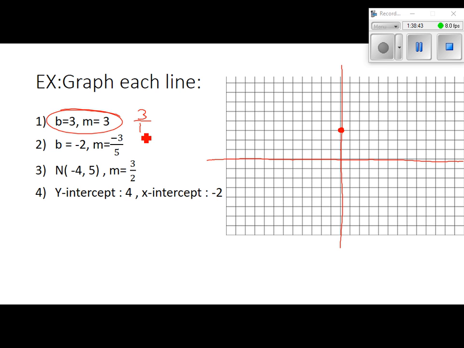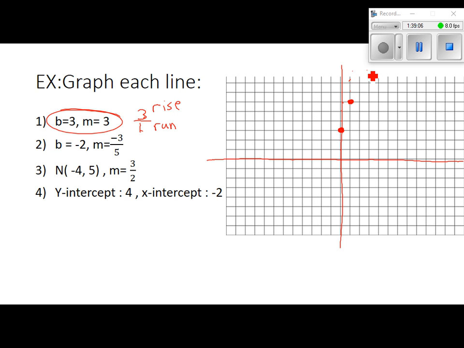Put a 1 underneath that so that it looks like a slope. That tells us rise over run. So it tells us go up 3 to the right 1. Up 3 to the right 1.